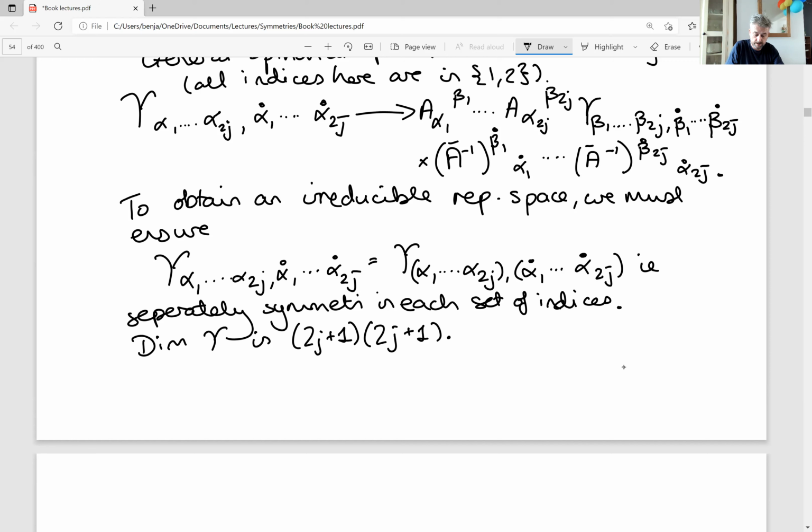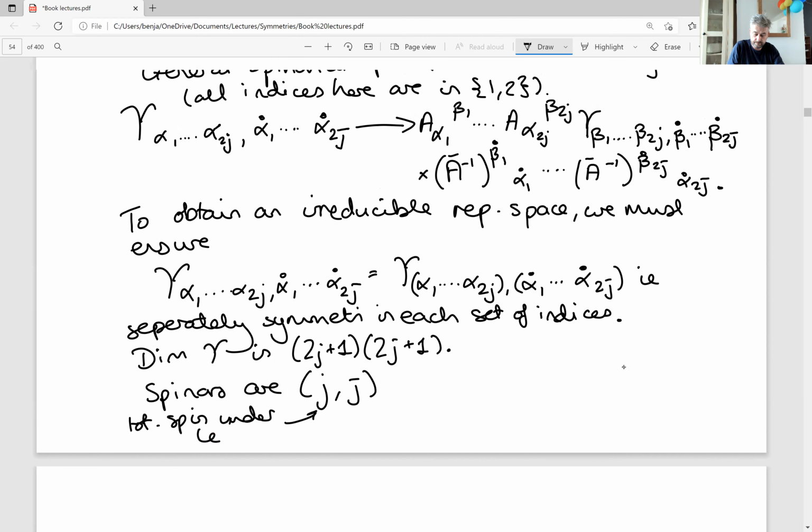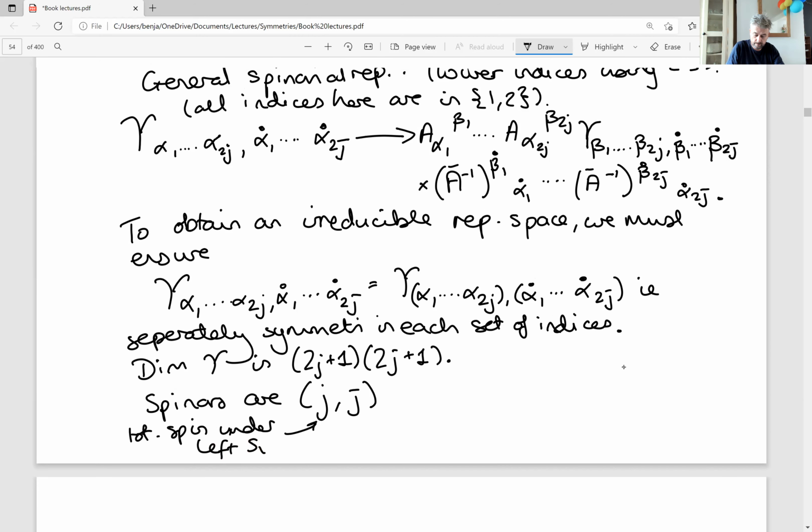So we have a notation where we can write a spinor representation as j and j bar. So this is the total spin under left SU2, and this is the total spin under the right SU2.